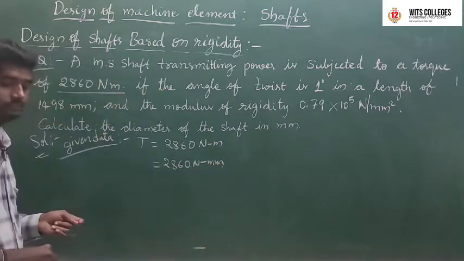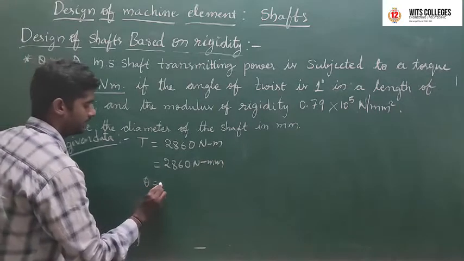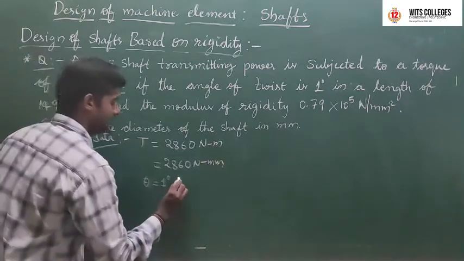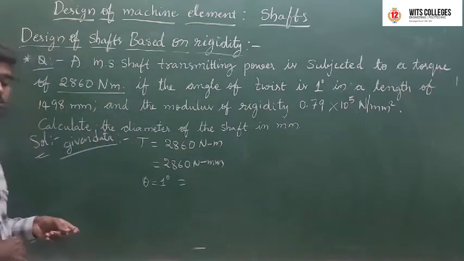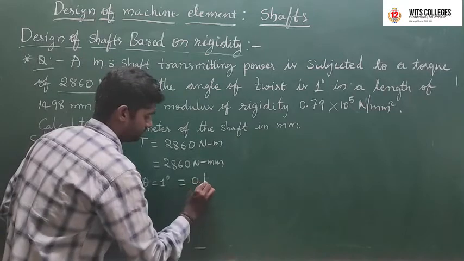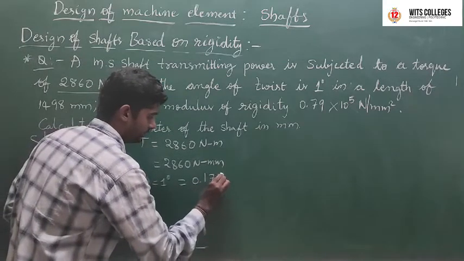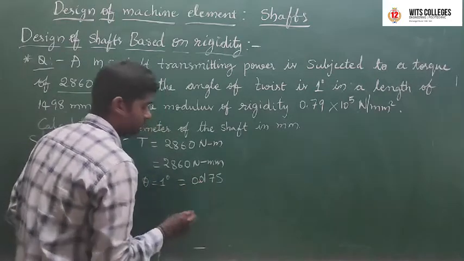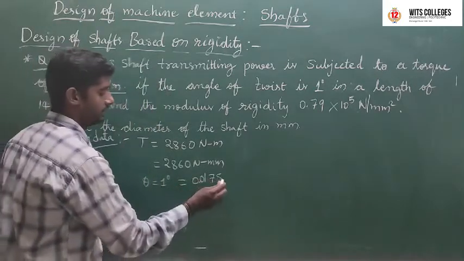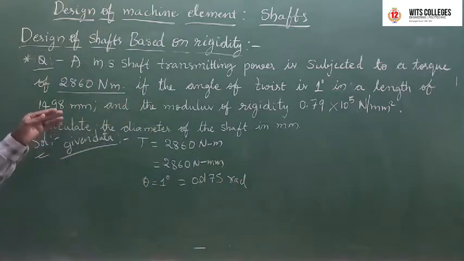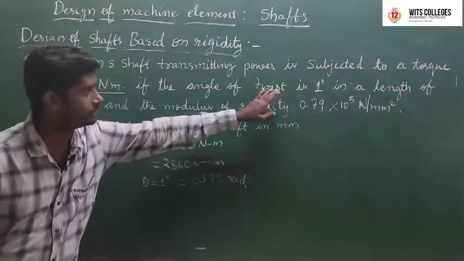Next, theta is 1 degree, converted into radians, which is 0.0175 radians. This is the angle of twist.